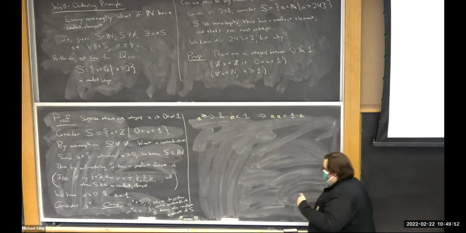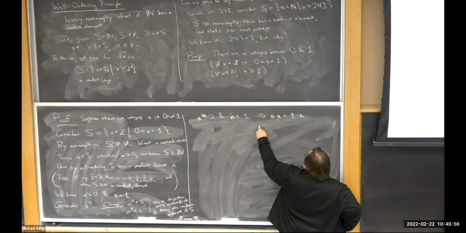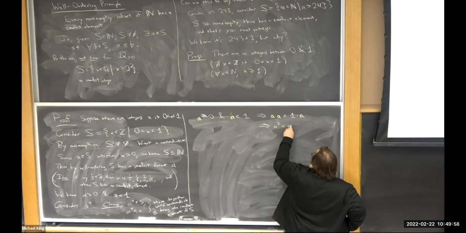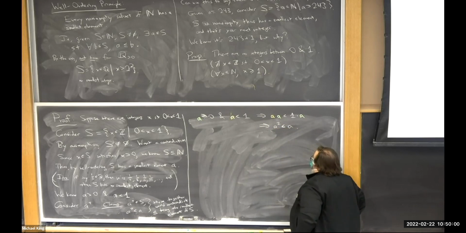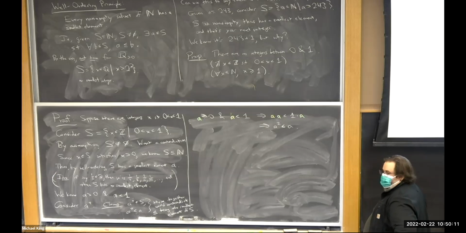So A squared is less than A. And moreover, is A squared greater than 0? Where does A live?